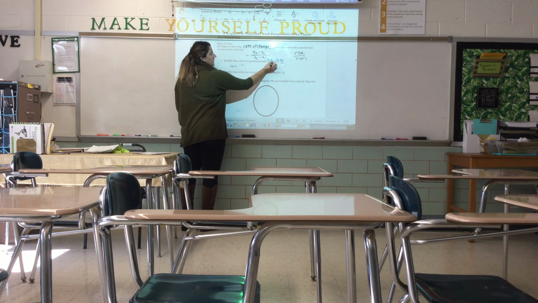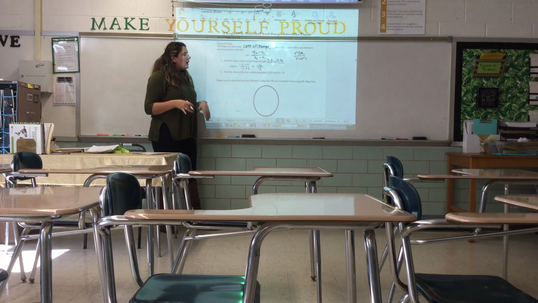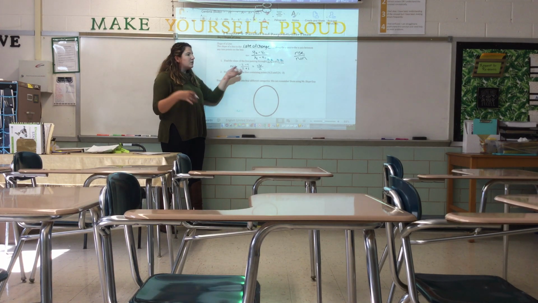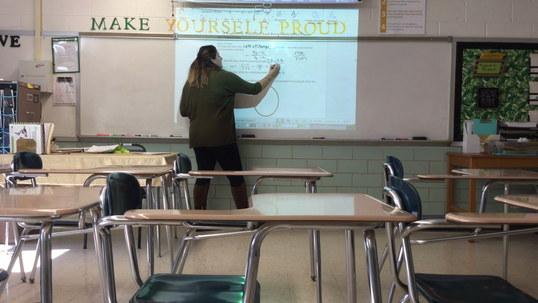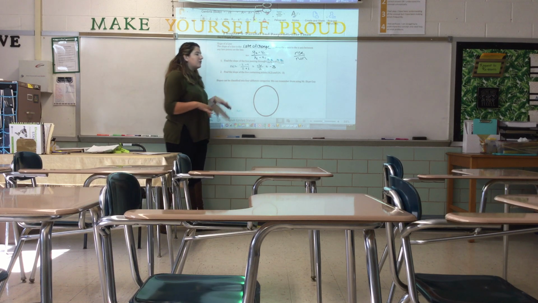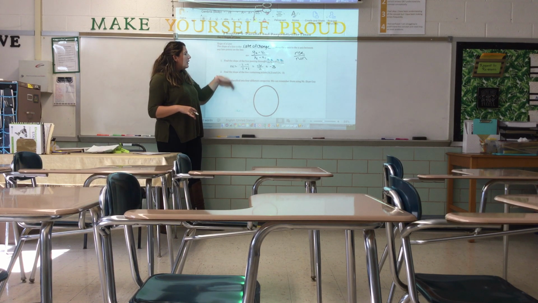I underlined it to show that I used it. And then we have 1 minus -1, so it's going to be a plus. And when I do slope, it's going to be a fraction. It's okay to leave it as a fraction if that's the case, but you do want to simplify wherever possible. So in this one, my slope is just going to be -3. So if we were plotting this on a line, we would go up 3 and then to the left 1.